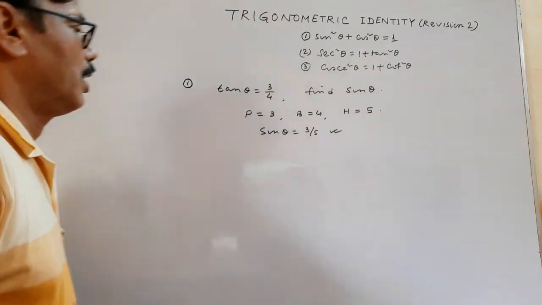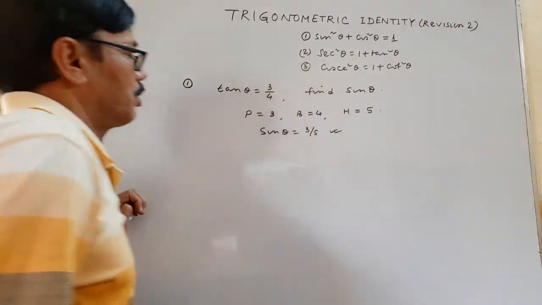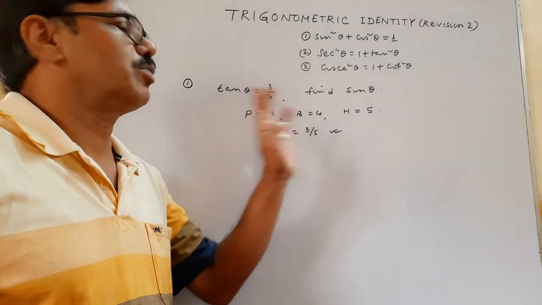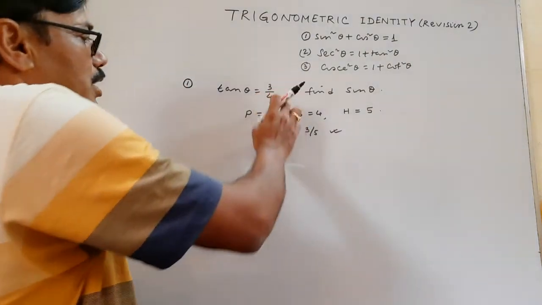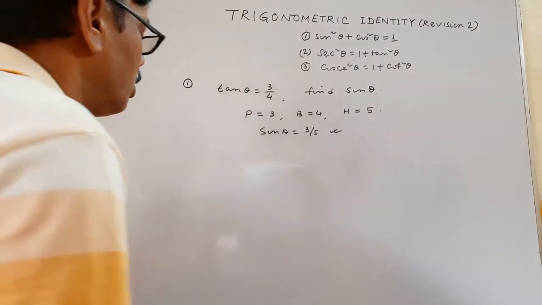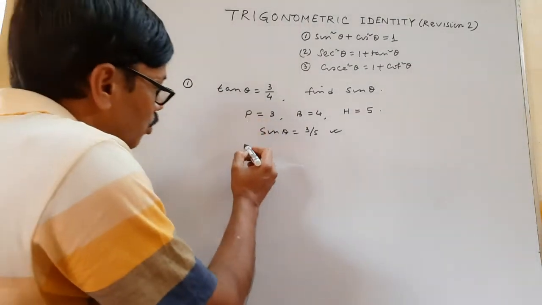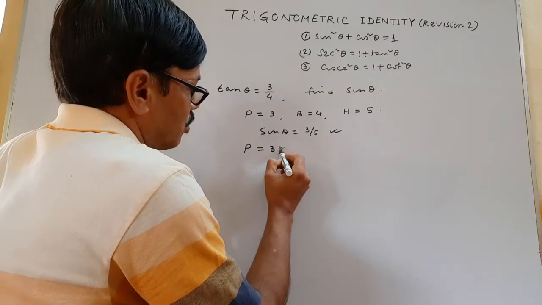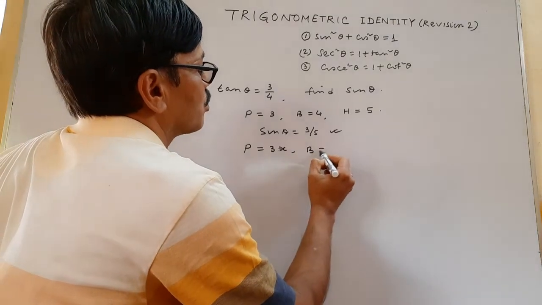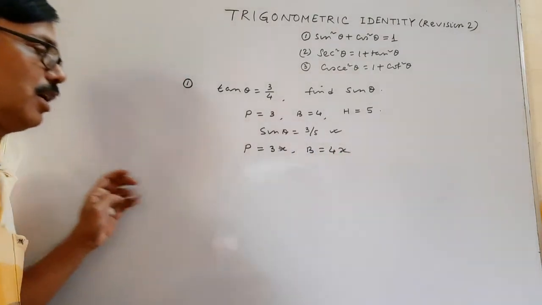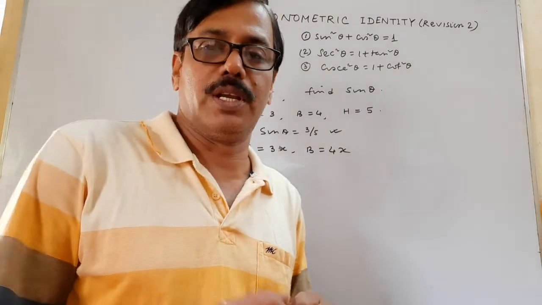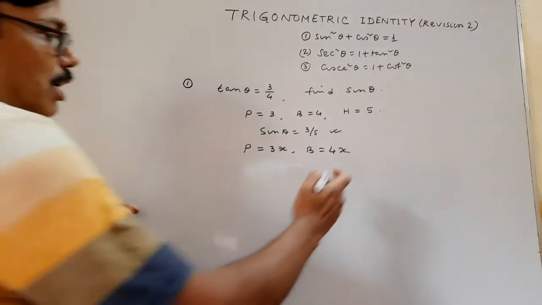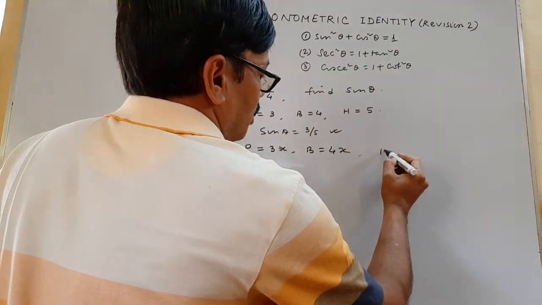Now look, tan theta is 3 by 4. This does not imply that P equals 3 and B equals 4. It may be 6, 8 and so on. So you solve it by taking P equals 3x, base equals 4x. If we take 3x and 4x, it will be more general because the ratio is 3 by 4. Now it is okay. So what is hypotenuse?